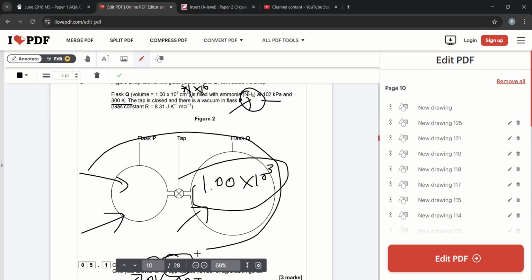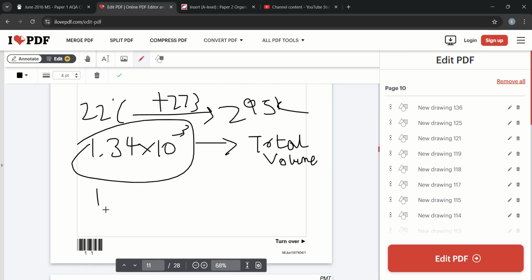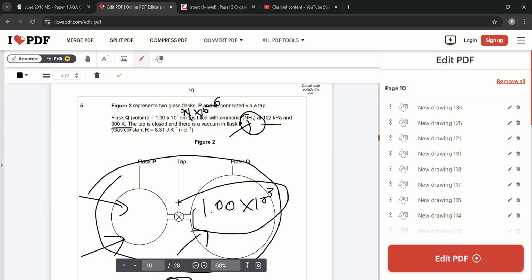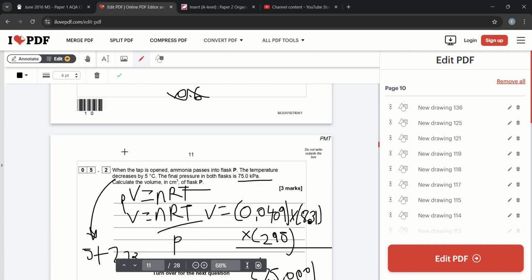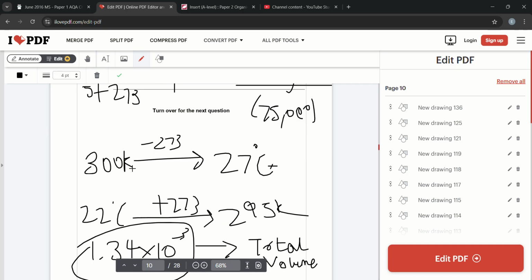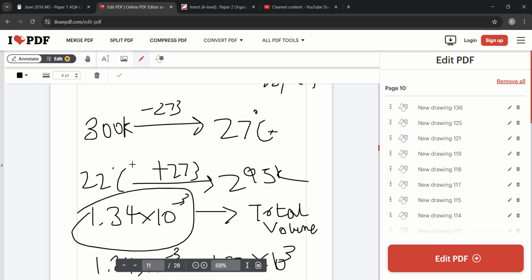We know the total volume, so we can do the total volume minus flask Q, and we can get flask P. So the total volume, 1.34 times 10 to the power minus 3, minus 1.00 times 10 to the power 3. Let me just put it in again, putting it in brackets: 1.34 times 10 to the power minus 3 minus 1.0 times 10 to the power 3.